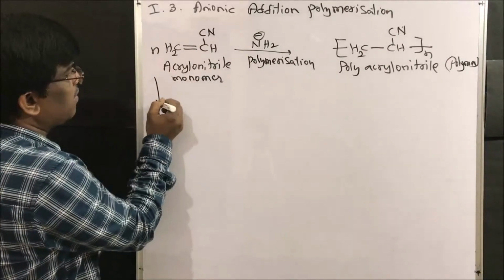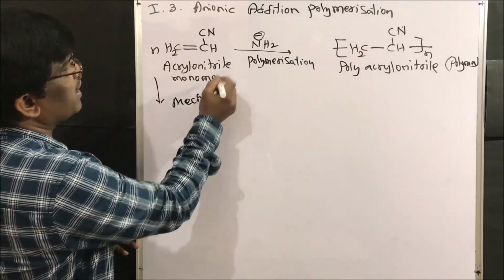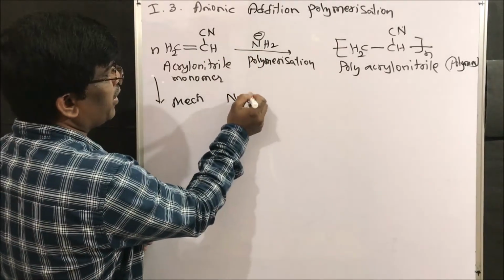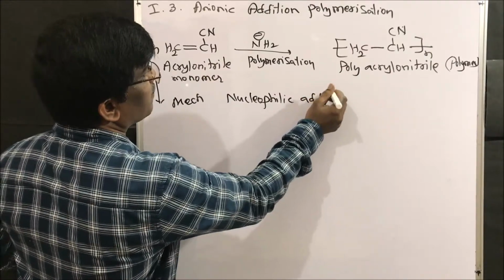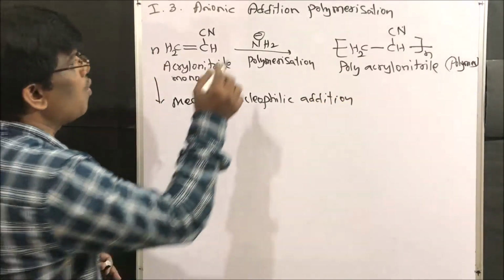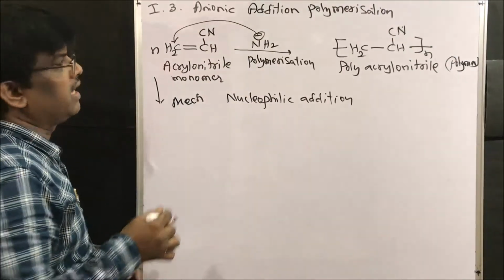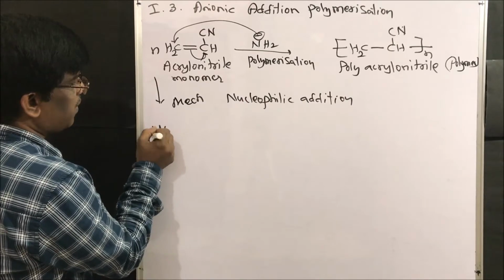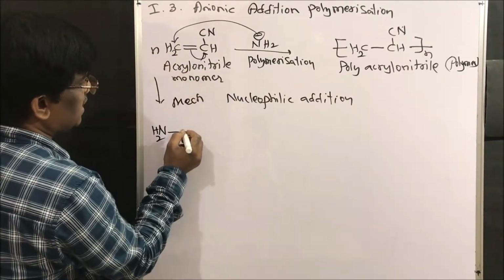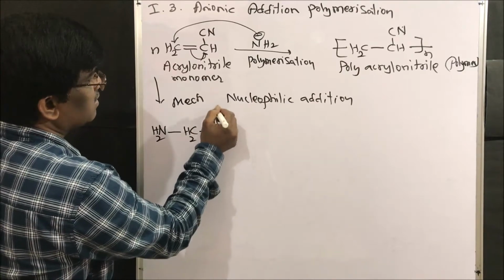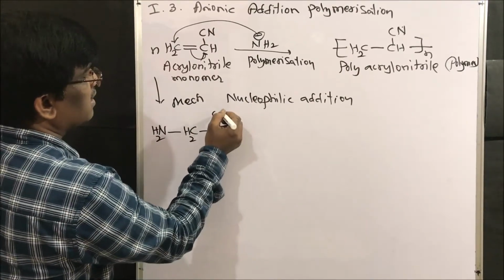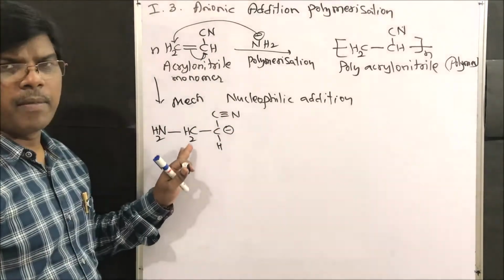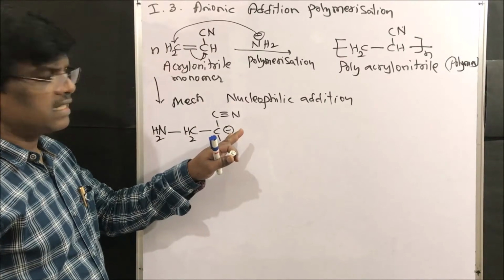So let us learn the mechanism. What is going to happen? Yes, friends, since the amine is nucleophilic, the first step will be nucleophilic addition. How? It is going to attack here and come here. So in the first step, NH2 will be there and this is CH2, right? A nitrile, C triple bond N, will be there, and here a carbanion. This carbanion is stable.